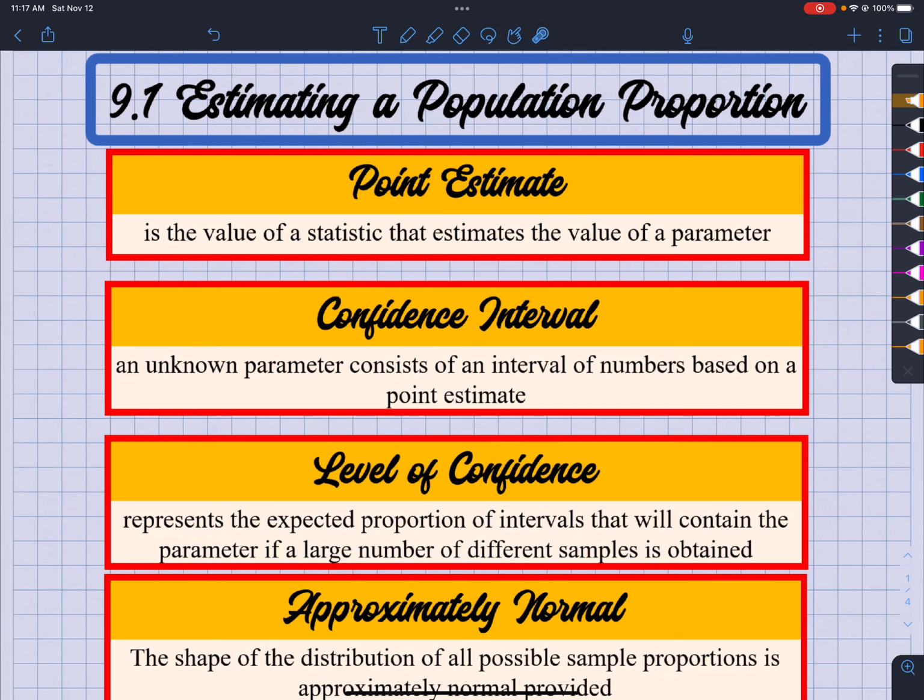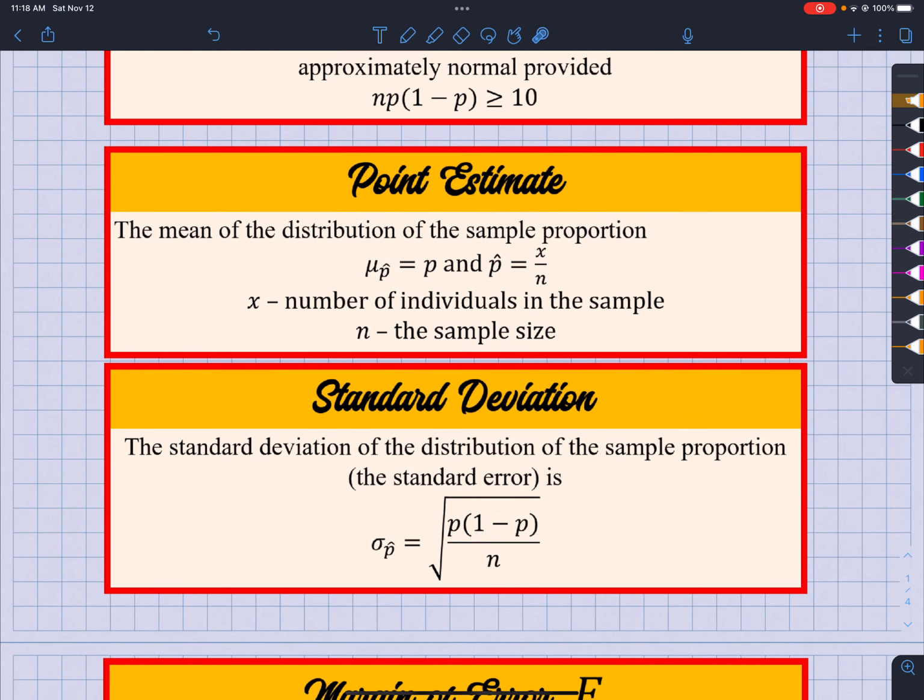All right, so today we're talking about estimating a population proportion. So we're still taking a simple random sample of population data here. So we're taking a smaller sample of the whole population. What we found out was that the point estimate, p-hat, is just x divided by n, where x is the number of individuals in the sample divided by their sample size.